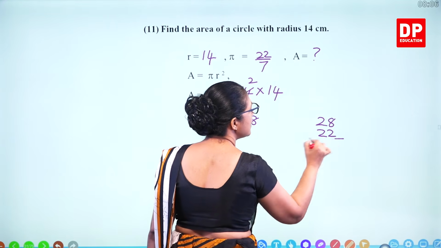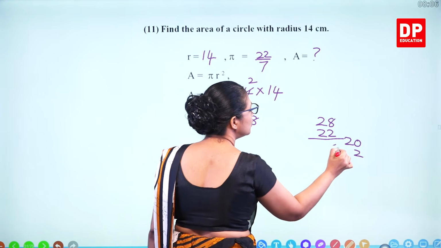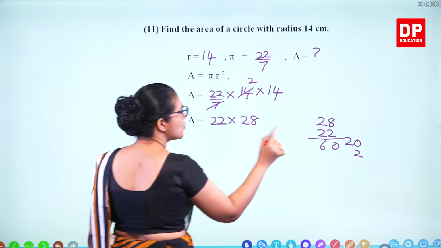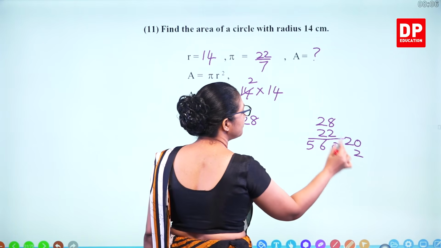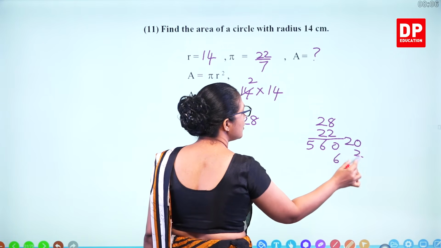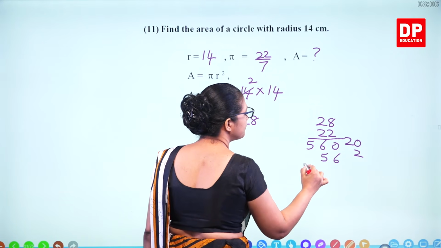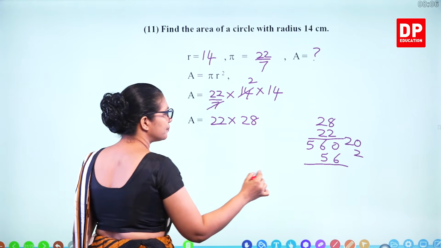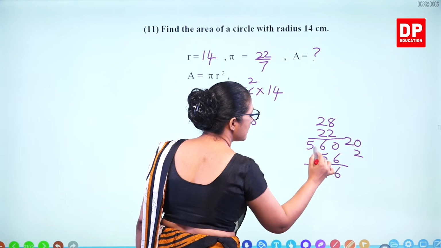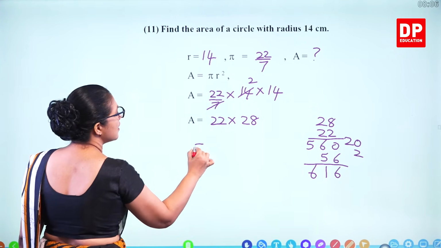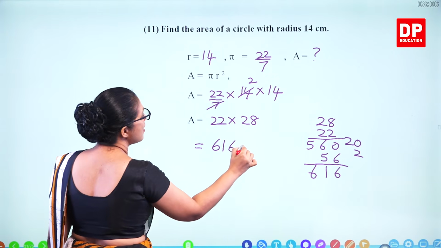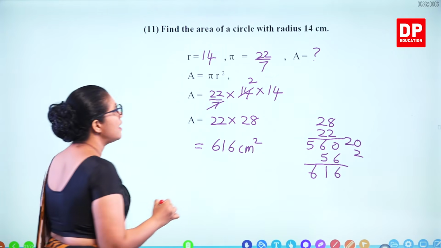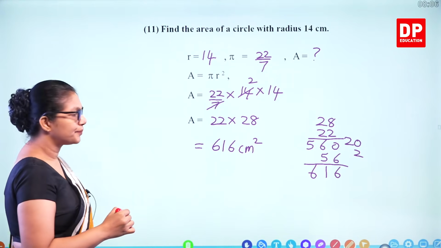Multiply and see. 20 and 2. 16 and 2 times 2, 4 plus 1, 5. So here you get the same thing. 6 and 6. 616 square centimeters is the area of this circle.